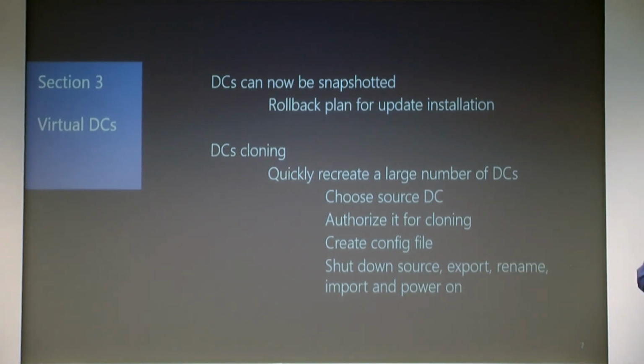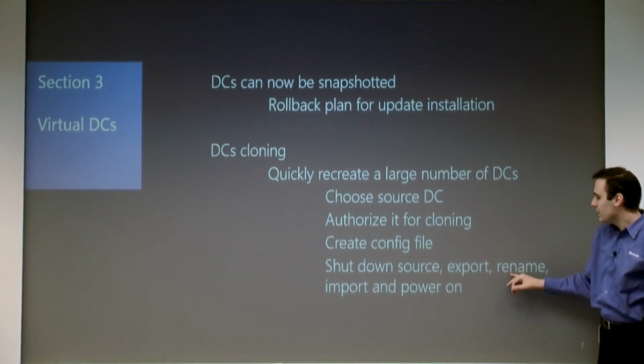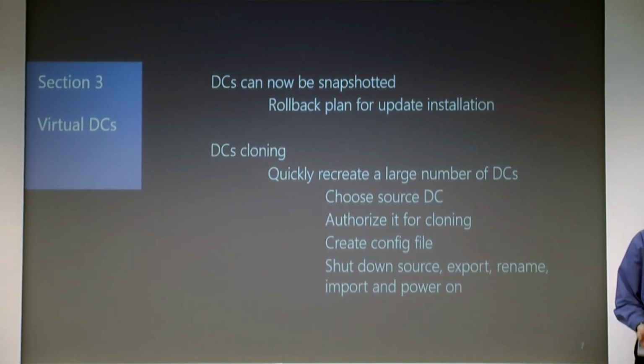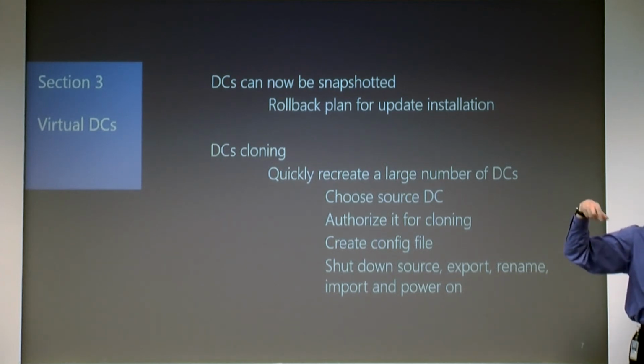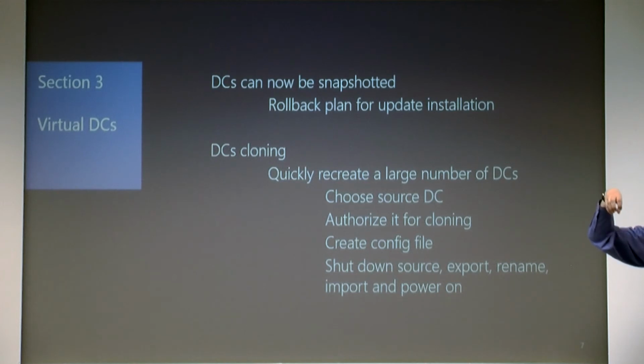So you create that config file, and then you shut down the source, export the machine, rename it, import it again, power on. And now you have two machines: the previous source that you've exported, and the new one that you've re-imported. One is going to stay how it was. The second is going to take the information from the config file and create a new DC.